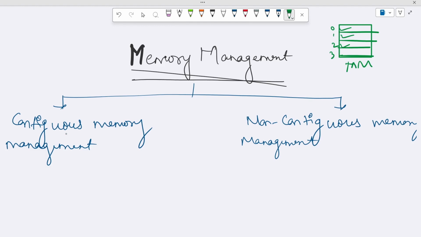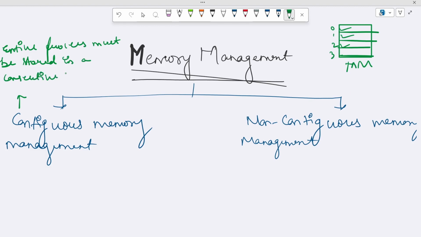So if you want to write, you can write it like this: in contiguous, a process must be stored in consecutive memory locations.